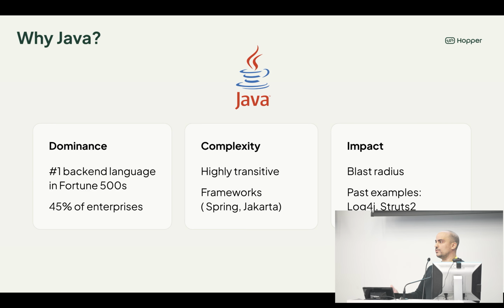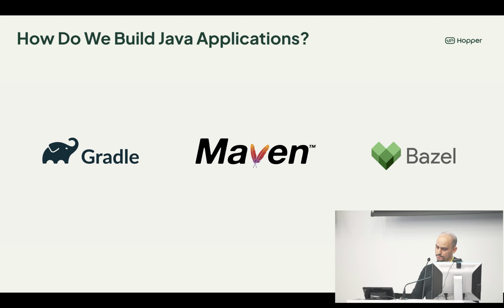And then the impact of a vulnerability in Java is very big, because one vulnerability can affect hundreds of thousands of other libraries. For example, the log4j incidents. So how do we build a Java application?